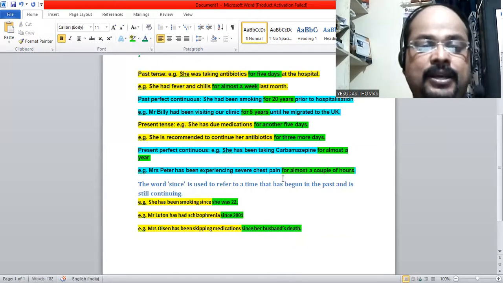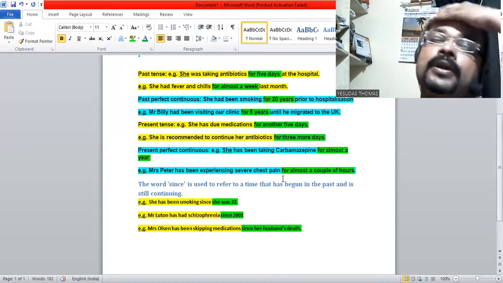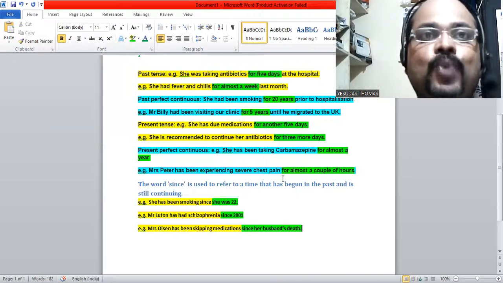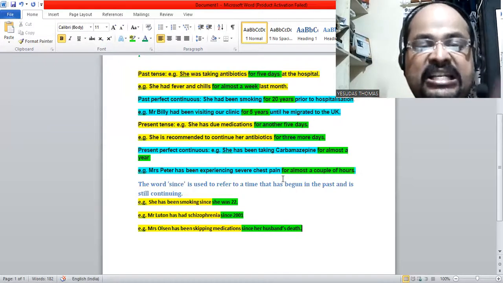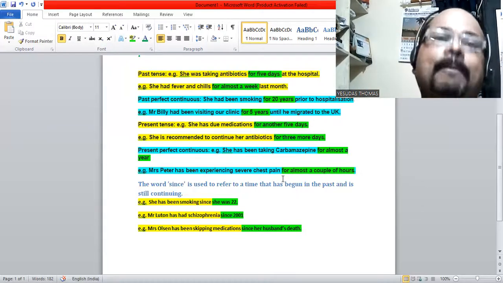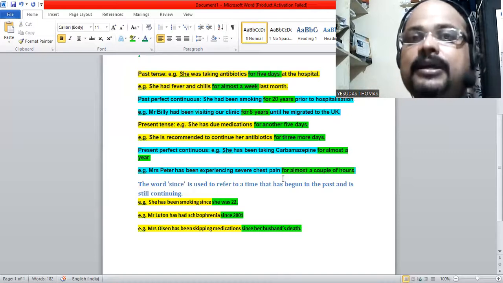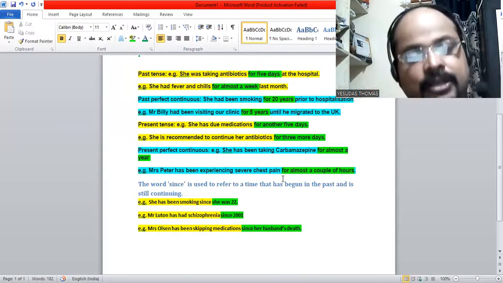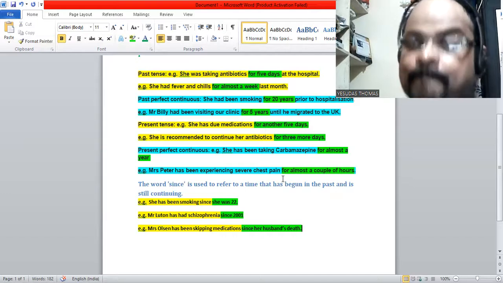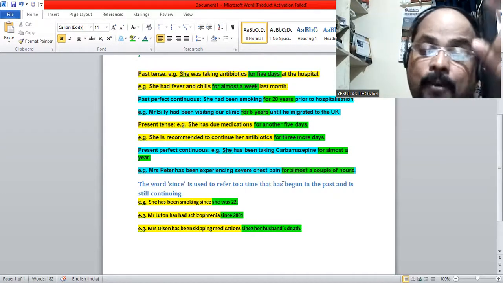In the first sentence, she has been smoking since she was 22. So a point of time when she was 22 years old, she started smoking, and she's continuing the habit of smoking till the point of my speaking. At present, she is smoking. It means at present, she has the habit of smoking. She started the habit when she was 22, a point of time.